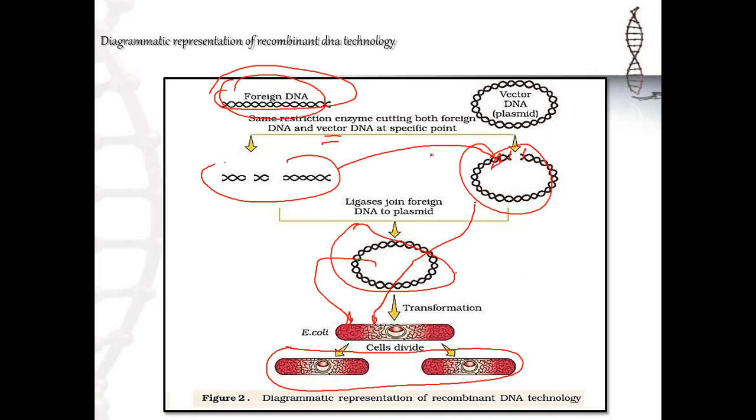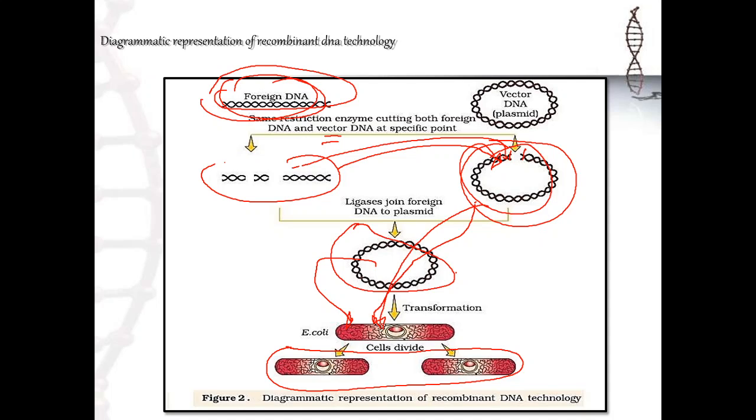So in short, meron tayong restriction enzymes which cut the portions of the plasmid, para yung plasmid na yan, meron siyang puwang, meron siyang vacant portion. Yung vacant na portion na yan should be inserted with the foreign DNA, so that the plasmid now carrying the desired traits from the foreign DNA is to be incorporated in the host organism or the host cell, or it could be a bacteria, no?